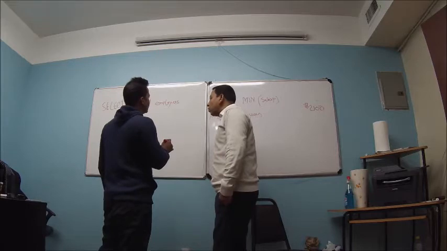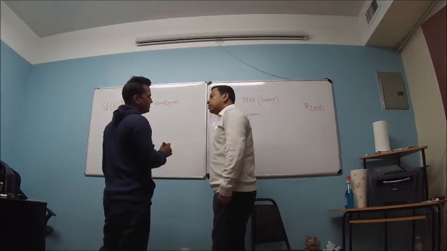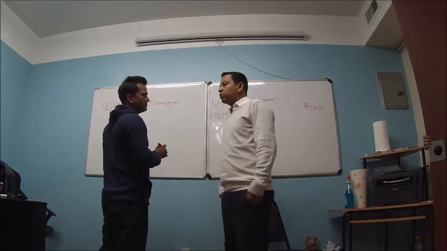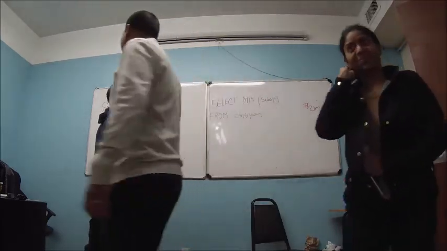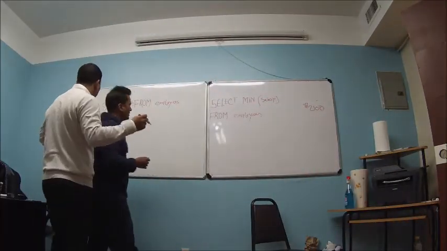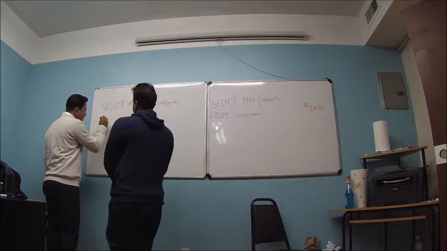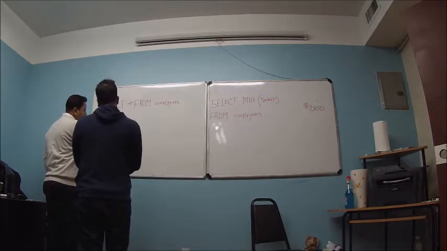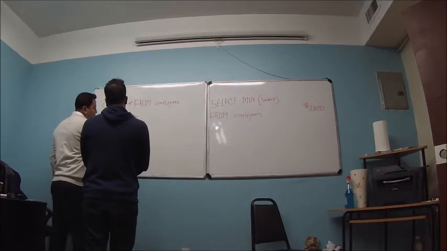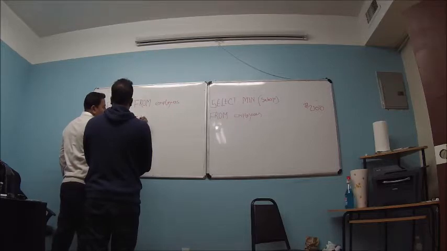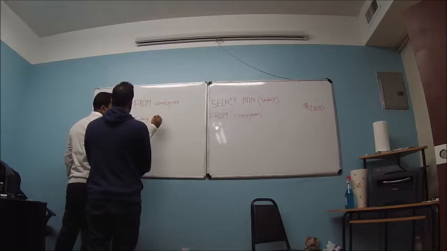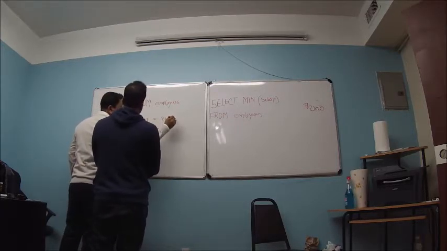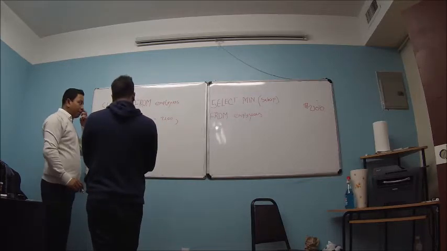So how do you do that? Salary equal to 2,100. What comes before salary? You have to have a condition. When you have a condition, you write where. Where salary equal 2,100. Isn't that what you have?